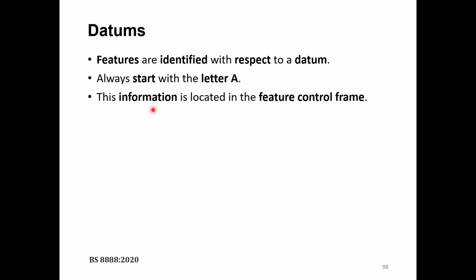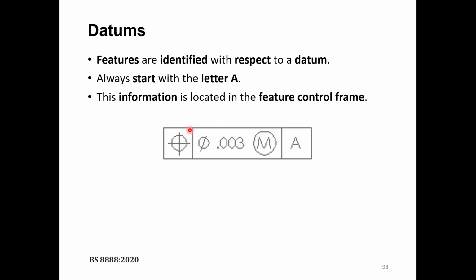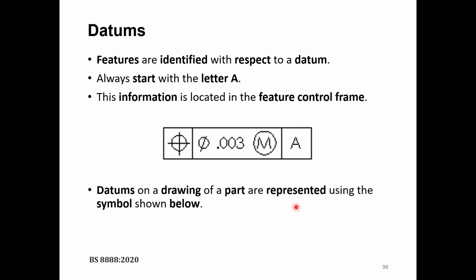The information of the datum and the geometrical dimensioning and tolerances are located within what's called the feature control frame. As you've seen, this is the symbol for location. This is the tolerance. This is the maximum material condition, and this is the datum.